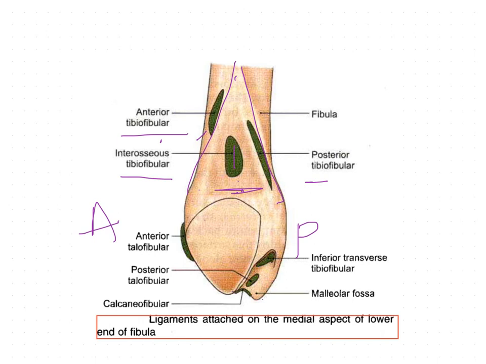One is the anterior talofibular ligament, which is seen on the anterior surface, and the next one is the inferior transverse tibiofibular ligament. This is a part of the posterior tibiofibular ligament, which is seen as the inferior transverse tibiofibular ligament in the malleolar fossa.